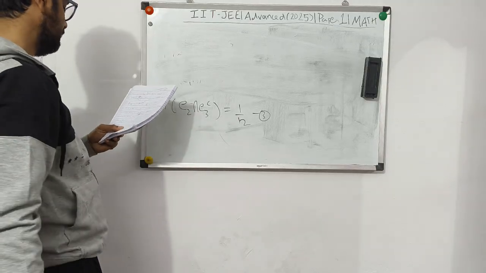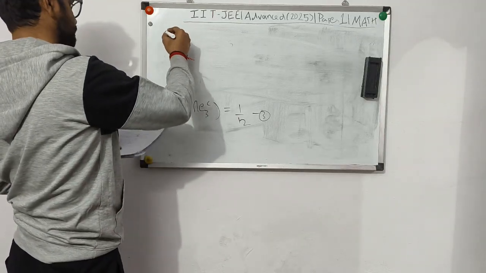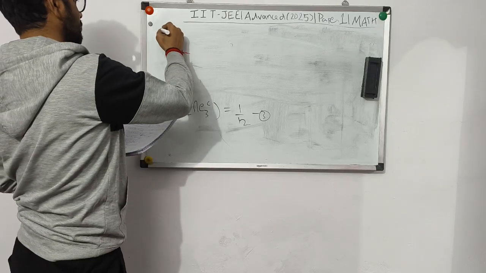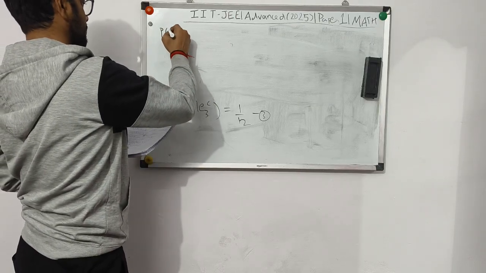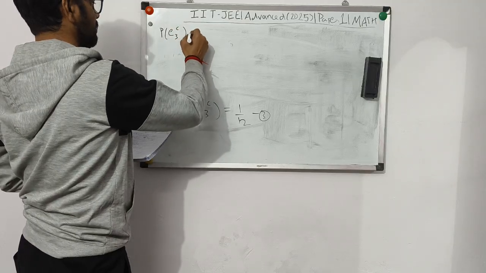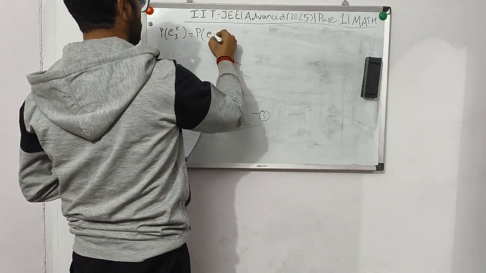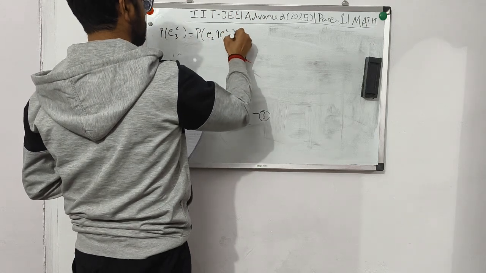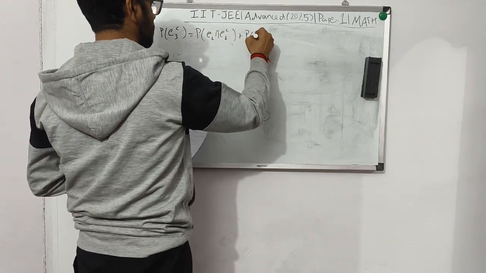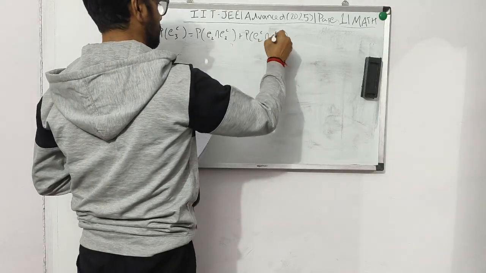So from equation 3 we get, we know that P(E3 complement) equals P(E2 intersect E3 complement) plus P(E2 complement intersect E3 complement).